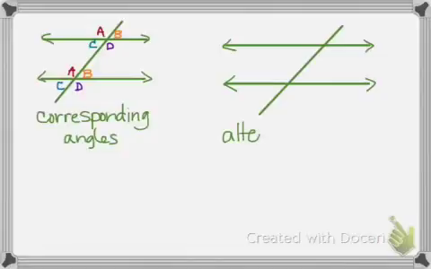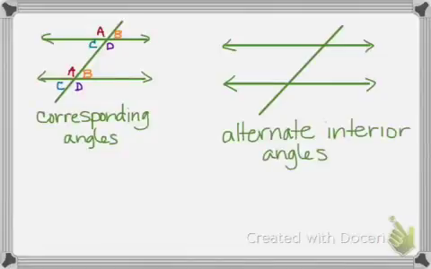And then finally, alternate interior angles. Interior meaning inside of the parallel lines, and alternate meaning they're on opposite sides of the transversal. So the small angles here are what we would consider alternate interior angles. We would also call the large angles alternate interior angles.